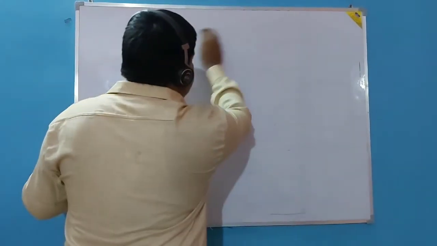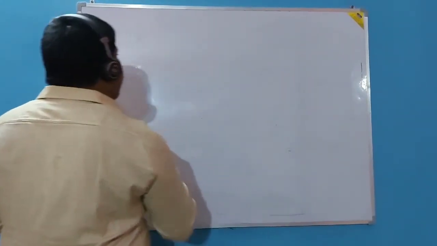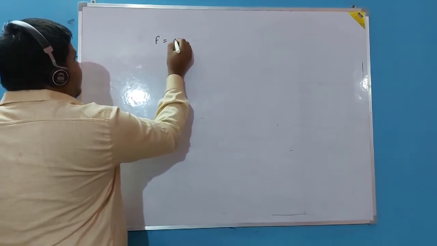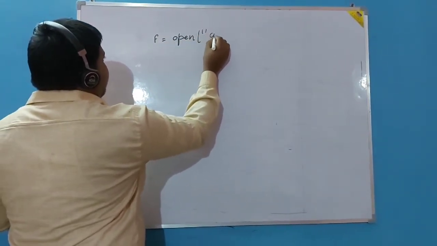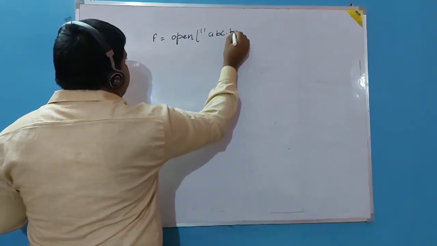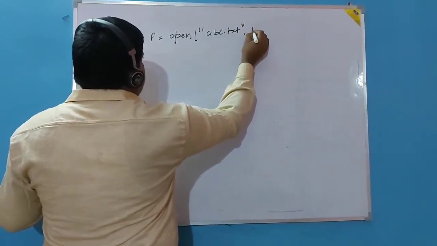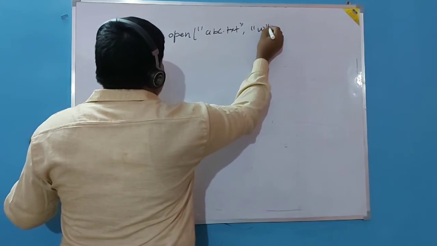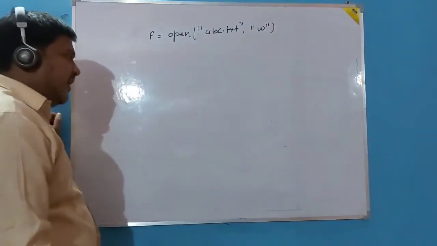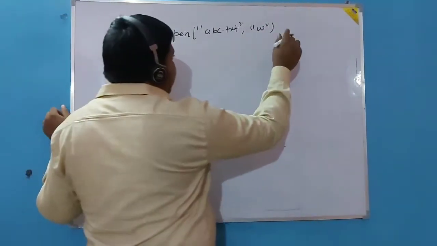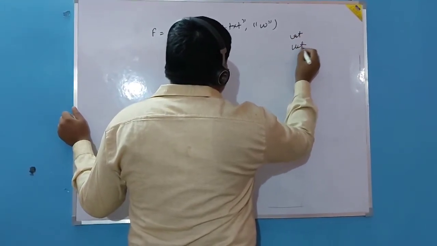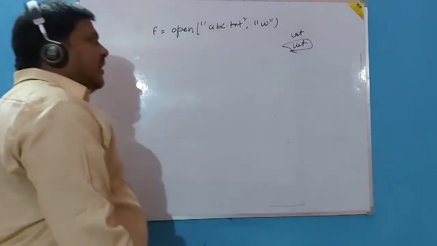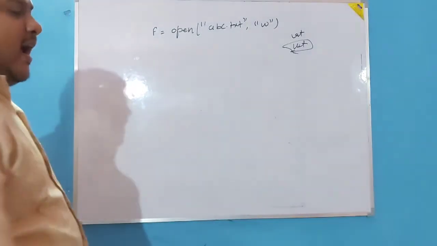Look here, how will you do? f is equal to open, you have to write the file name abc.txt. And if you want to open in write mode, as for reading I told you that you can use rt, the same way you can use wt here. Clear? t is for the text file, and that is the default.